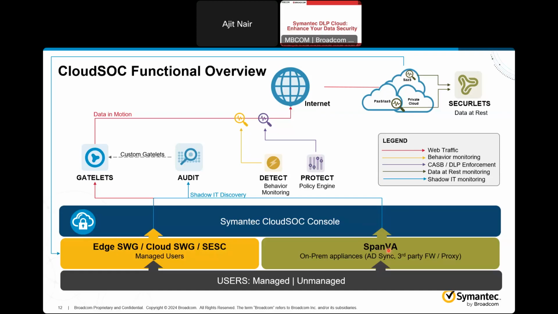The web traffic logs in CloudSOC can be leveraged using your on-prem firewall or your on-prem proxies as well. As I said, our Span VA is a virtual appliance which can be used to consolidate all the logs, right?